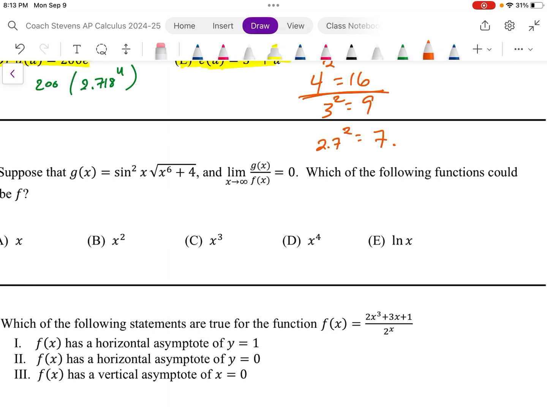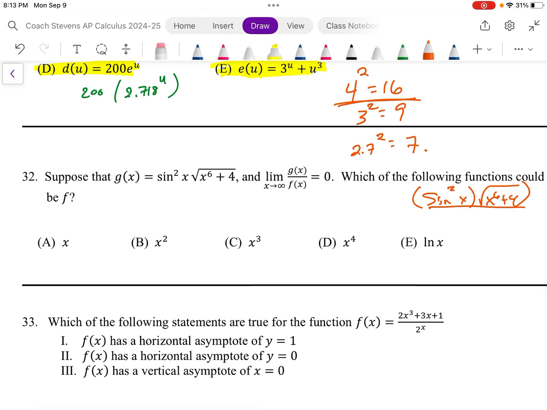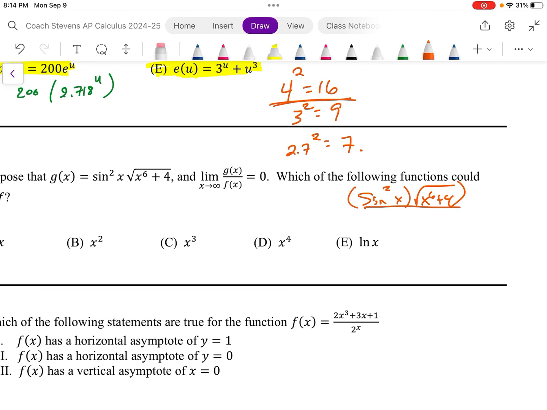We know the top is sine squared x times the square root of x to the 6 plus 4. So I need to make sure that the exponent on whatever is on the bottom, that function has got to have a bigger degree than what's on the top.